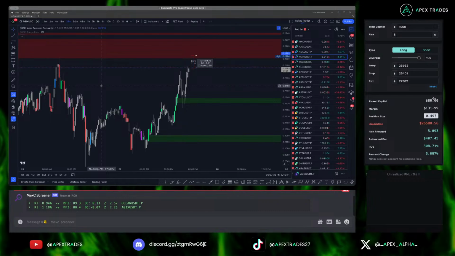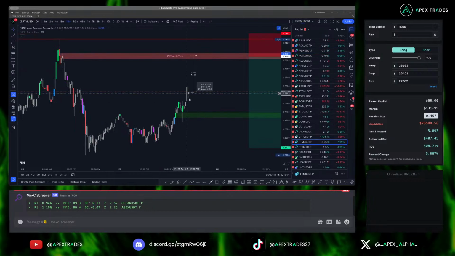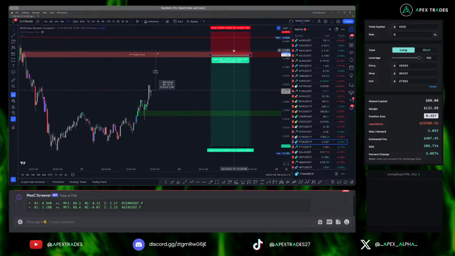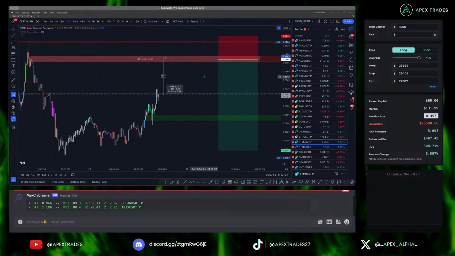Still trying to push up. What else have we got? FTM. That's a little rejection. This would be a nice trade. This is the trade I'm hoping comes into play. I'd be looking for to take that. That fills all of my criteria, that one.